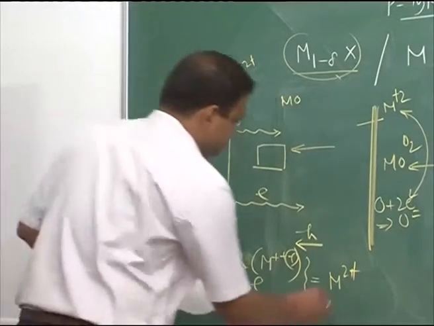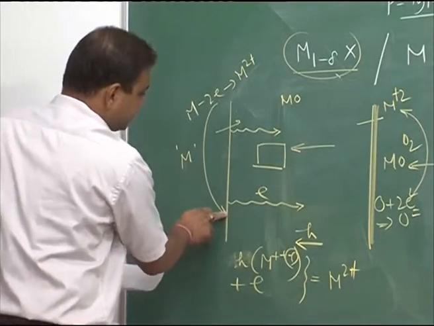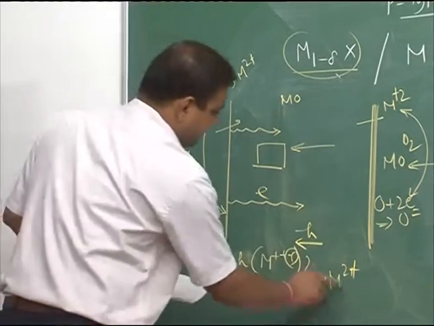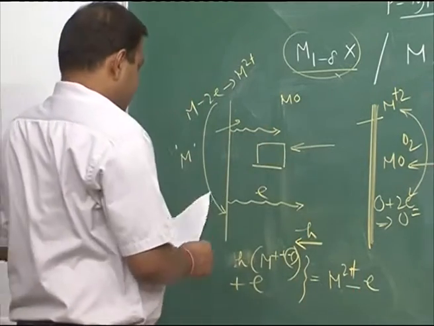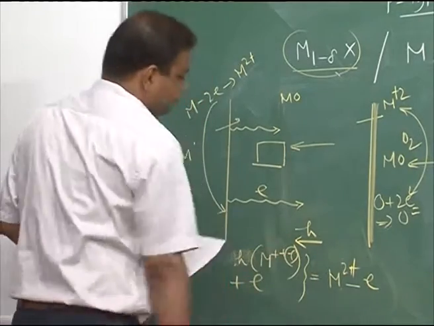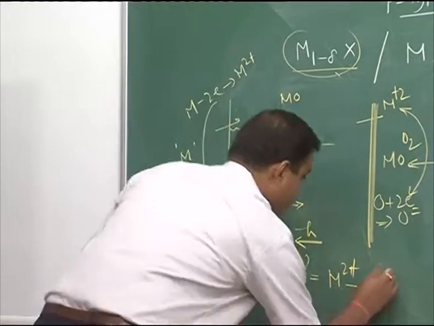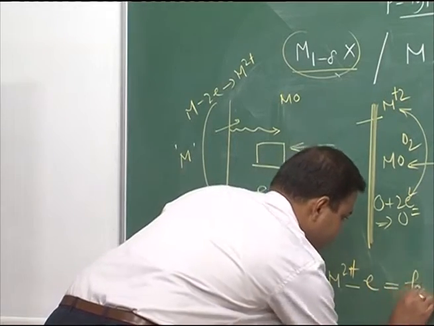Now, again one electron will be removed from M2+, so another hole will be formed.